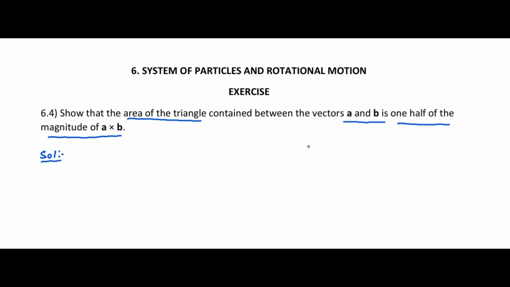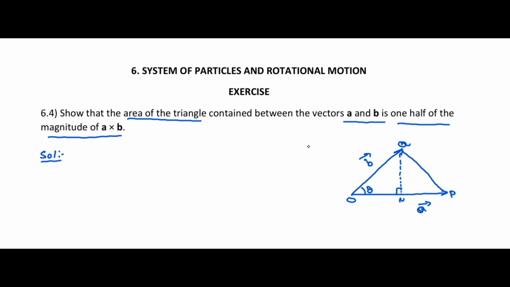Suppose we are taking a triangle which is made up of two vectors, vector a bar and vector b bar, angle between them is suppose theta, and I'm joining these two ends. Assume that it is OPQ triangle. For our convenience, I'm drawing a normal here.